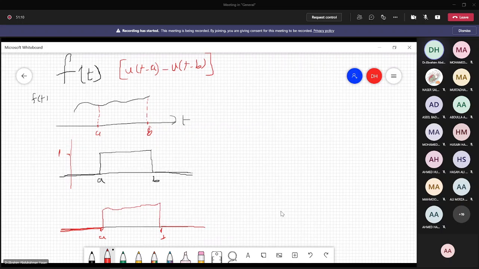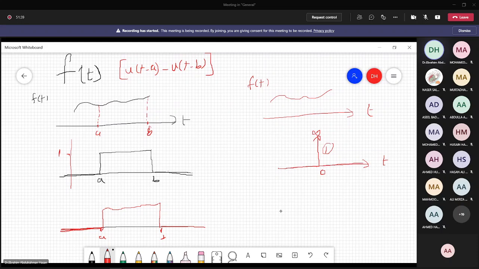Same thing here. If we have f of t and I multiply it by delta t now, with infinity height and strength equal to 1, it is equal to 0 here and equal to 0 here.